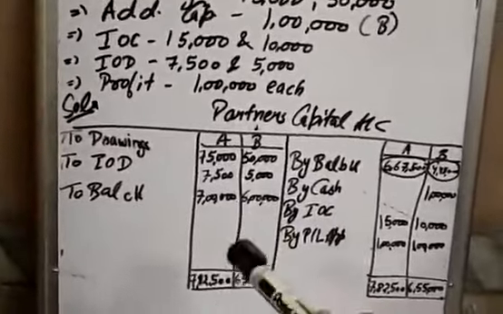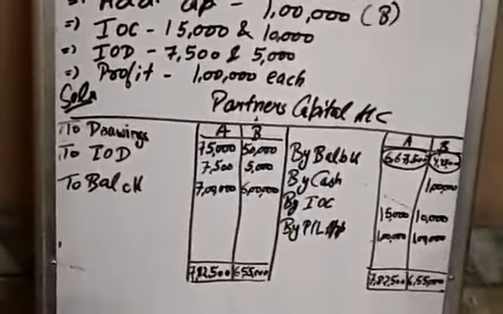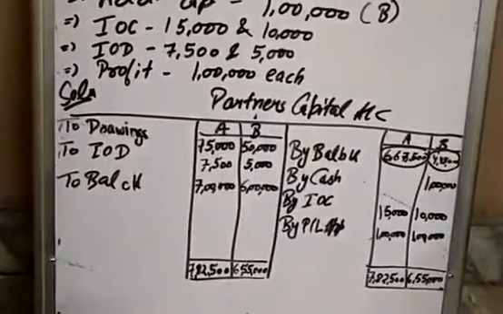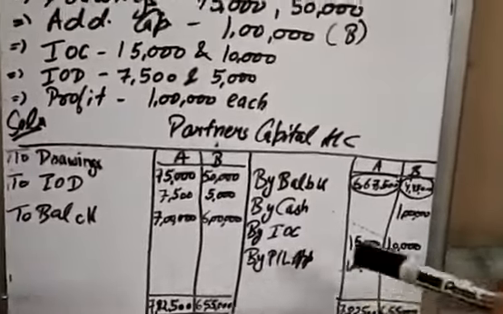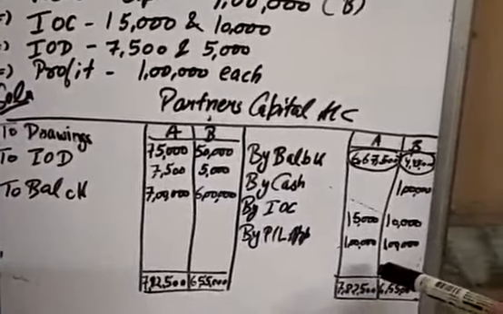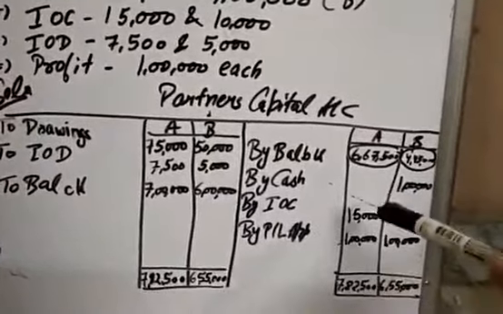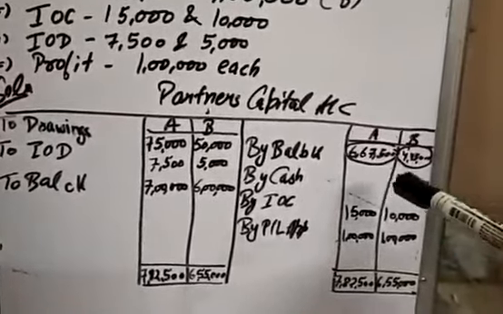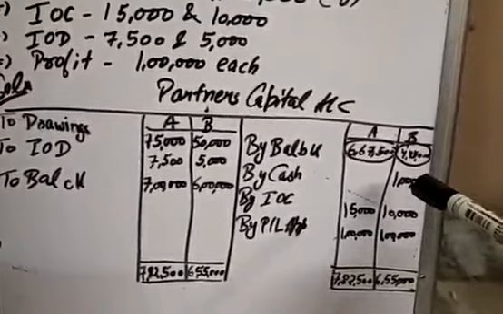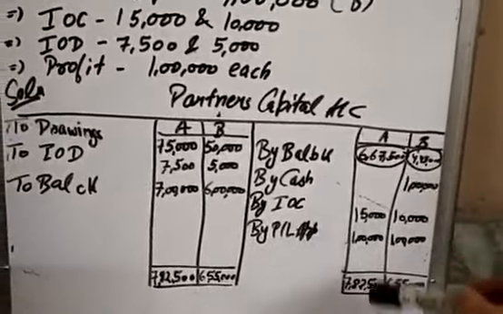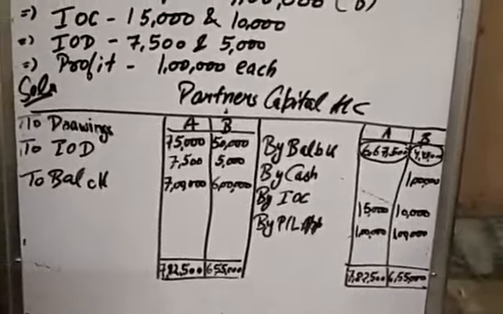You will total up the debit side. It will be 7 lakh 82,500 and 6 lakh 55,000. And you will deduct these three things: additional capital, interest on capital, and profit and loss appropriation. When you deduct it, you will get 6 lakh 67,500 for A and 4 lakh 45,000 for B. That will be the balancing figure, and that balancing figure shows your opening capital.